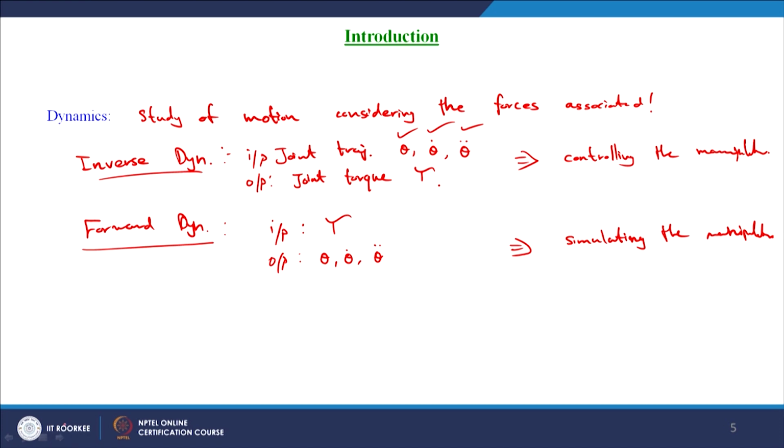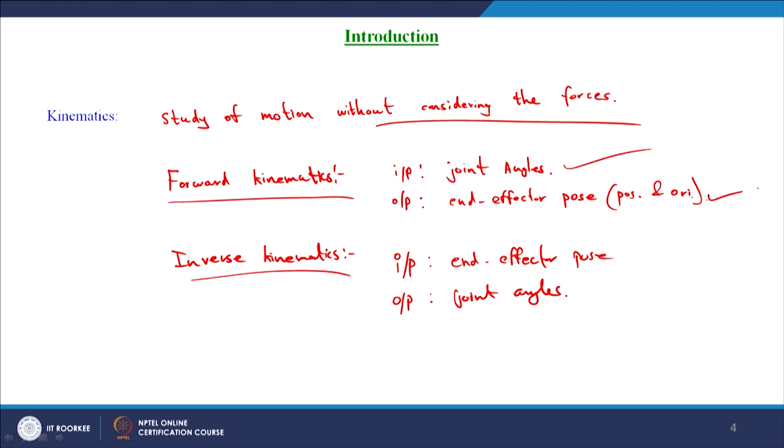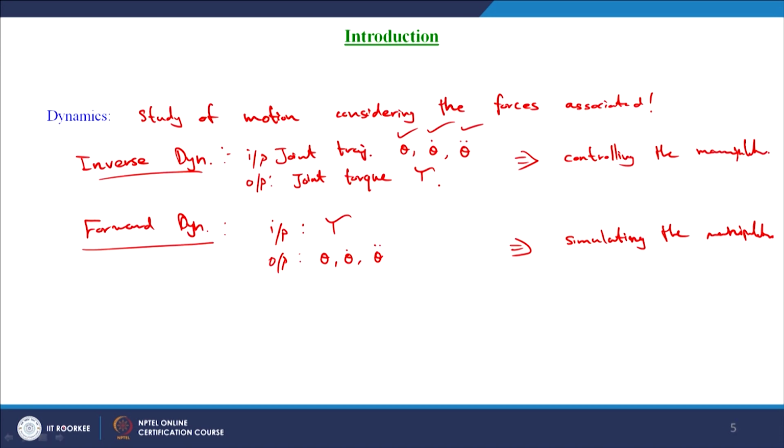Thus, we summarize the introduction part in such a way that kinematics is the study of motion without considering the forces associated with that motion, and it has been classified further into forward kinematics and inverse kinematics, where for forward kinematics the input is joint angles and the output is the end effector position and orientation, and for inverse kinematics the input is end effector position and orientation and the output is joint angles. Similarly, dynamics is the study of motion considering the forces associated with that motion.